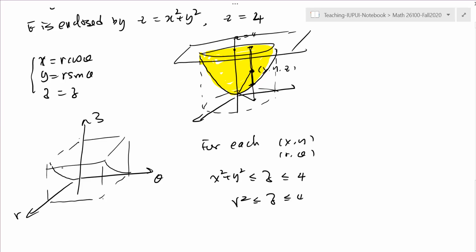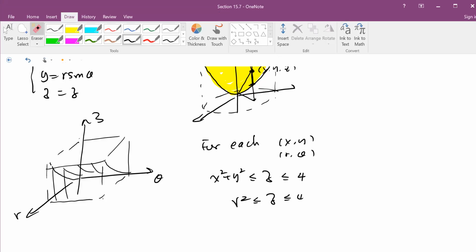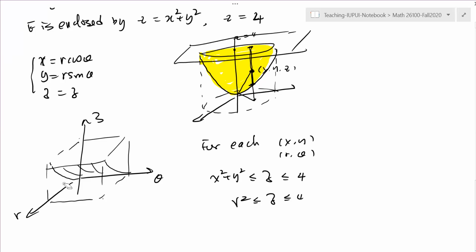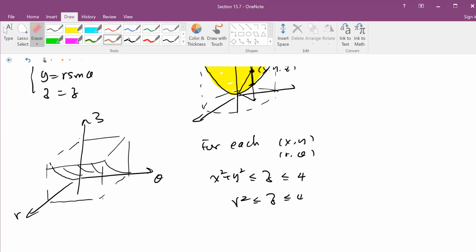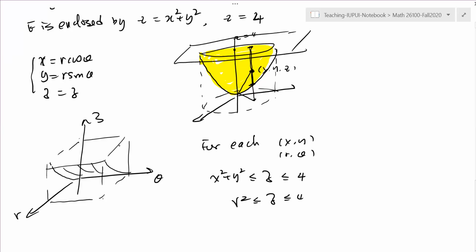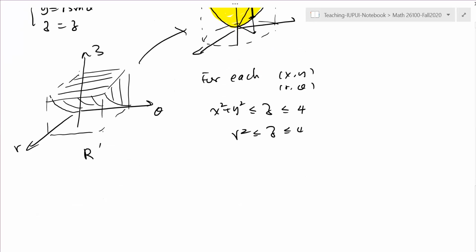It's above the roof, not under it. So this portion is centered, and this is r prime.